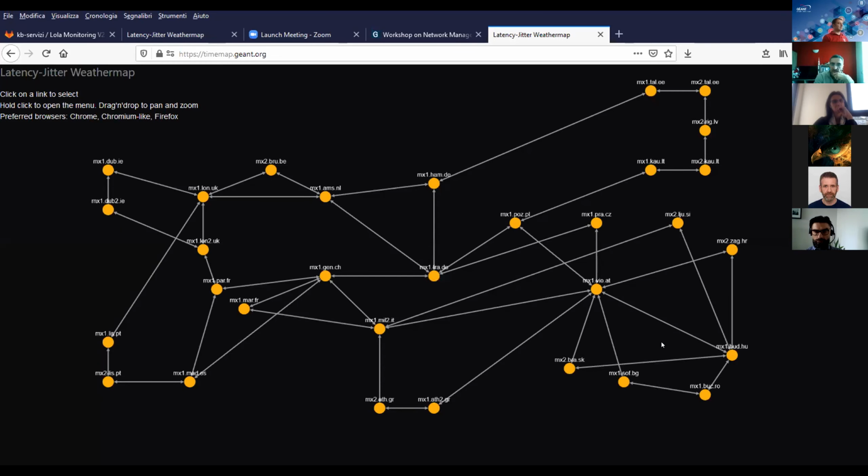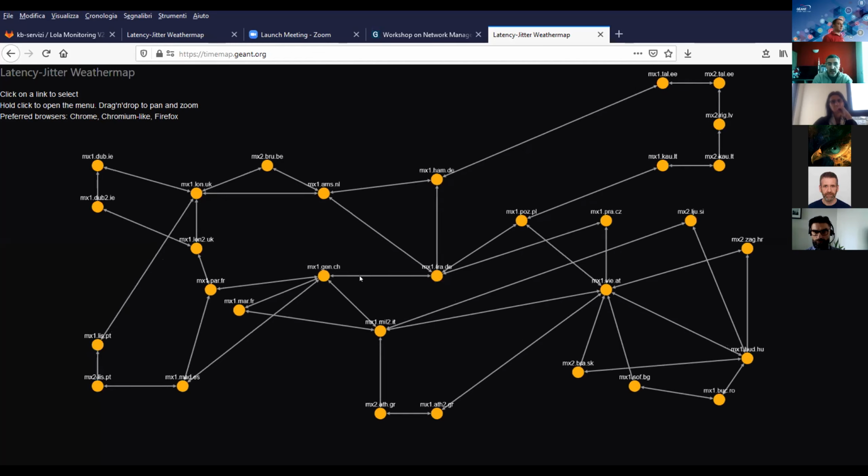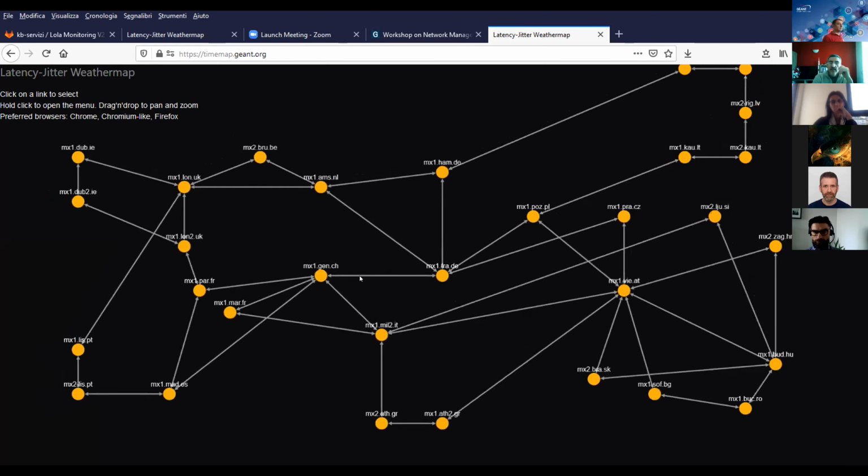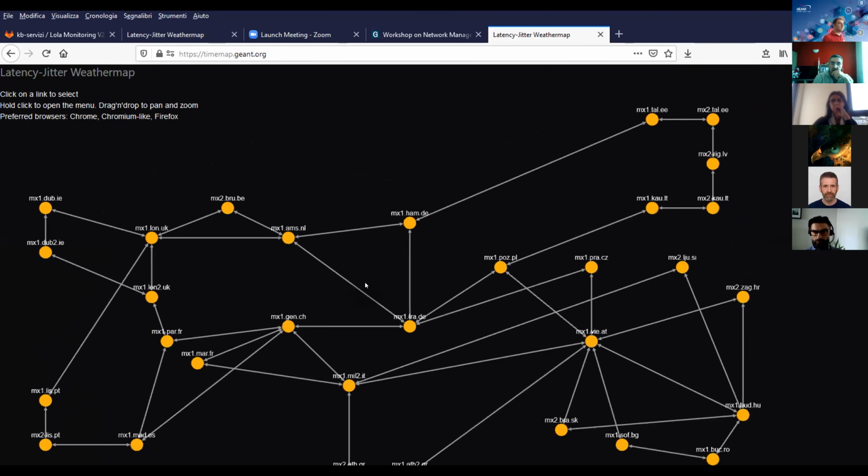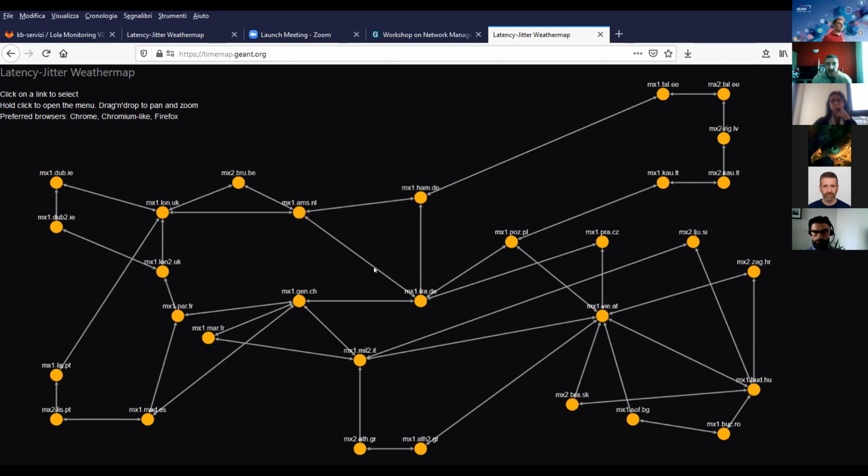Yeah, that's great. Okay, so you should see this is the landing page. The landing page essentially is a graph that acts as an index for all the links. And if you click with the right button on a link or on a node, you get the context menu.